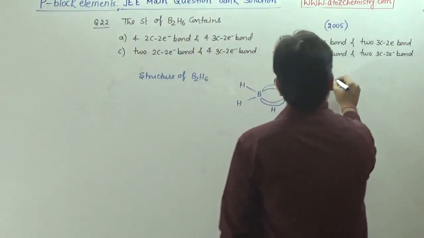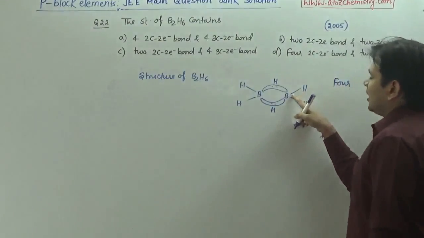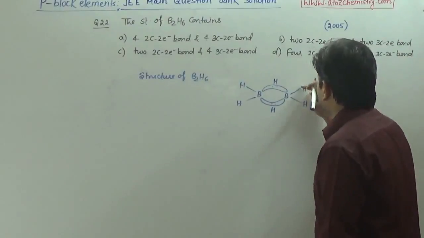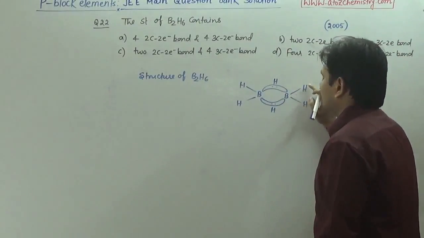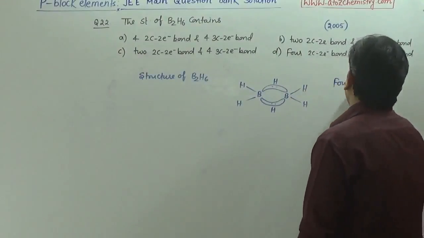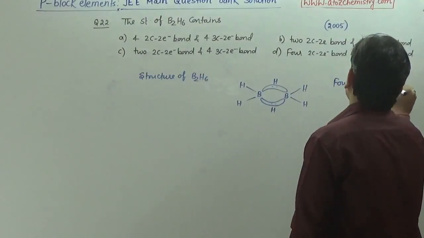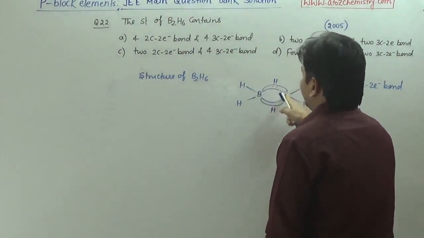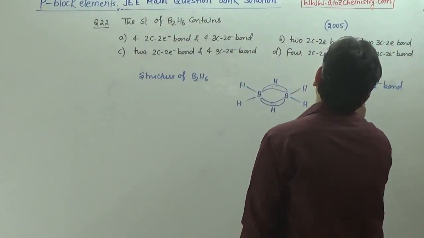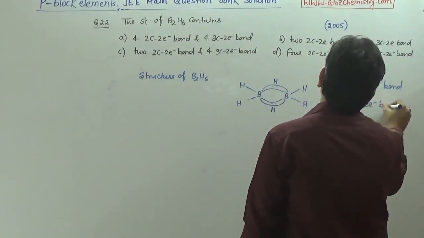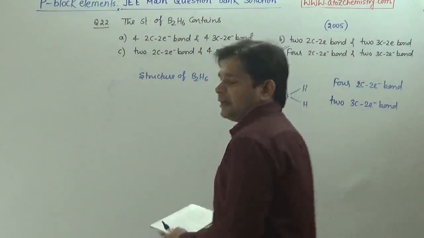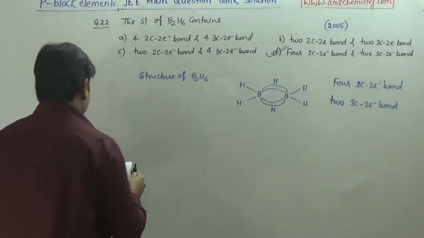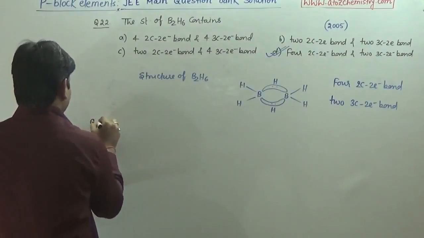In this way you have 4 normal covalent bonds, and normal covalent bonds are 2 center 2 electron bonds, because you can see there are 2 atoms between which 2 electrons are present. 4 2 center 2 electron bonds, 1 2 3 4. And if you look at this structure, this is banana bonding, 3 center 2 electron bond. So 2 3 center 2 electron bonds. So the correct answer will be D, where B2H6 has 4 2 center 2 electron bonds and 2 3 center 2 electron bonds.